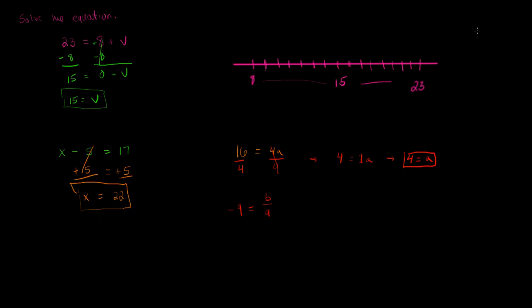So what you should do is think about, oh, that's a bad drawing. I apologize. If you see addition when you start out and you want to get something by itself, you should subtract. If you see subtraction, you should be adding.